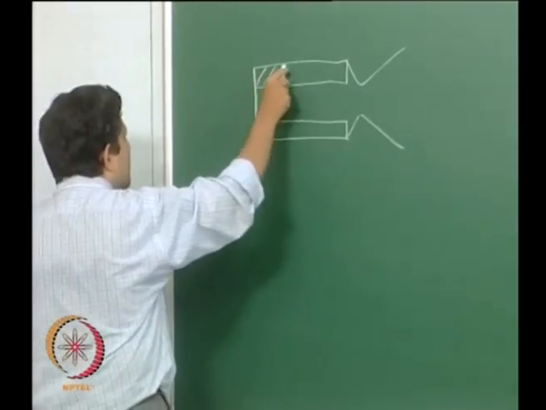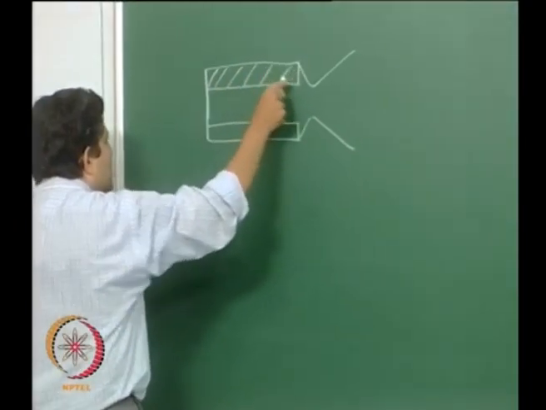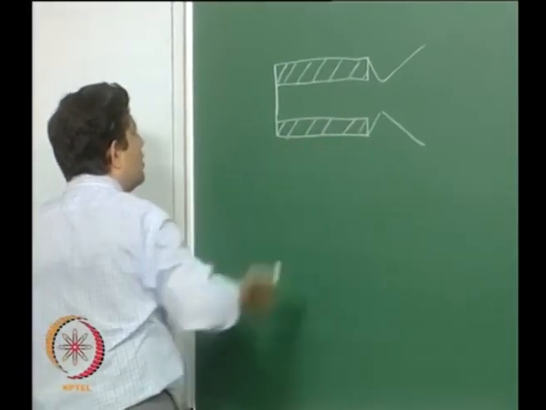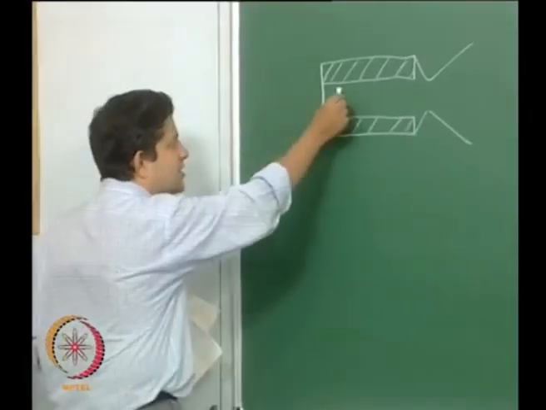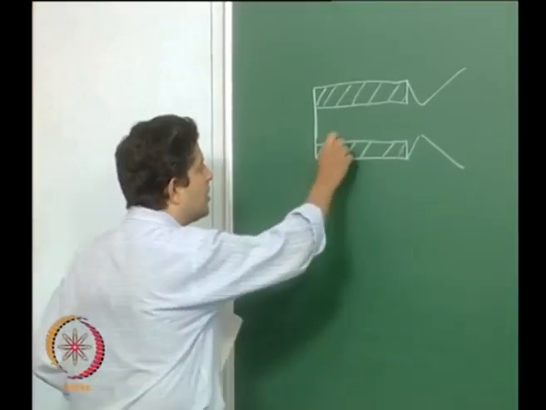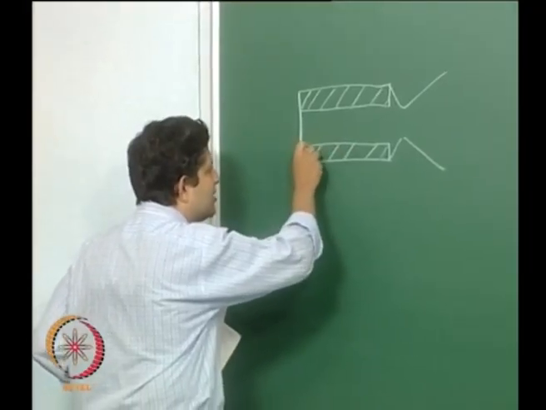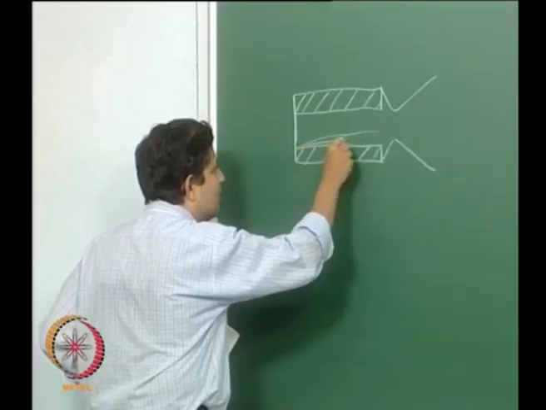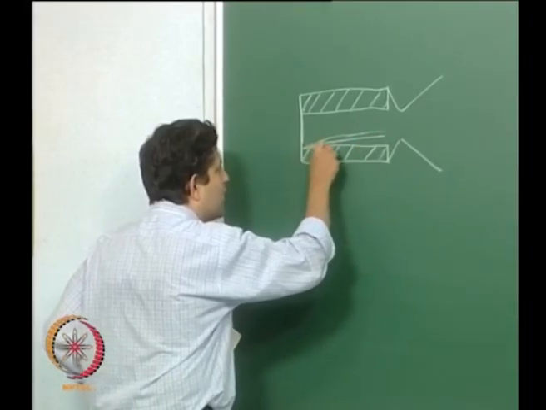Now if this is the hybrid rocket motor, then oxidizer is injected here, right. So a boundary layer develops and the combustion takes place inside the boundary layer.